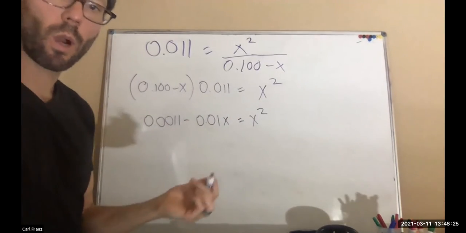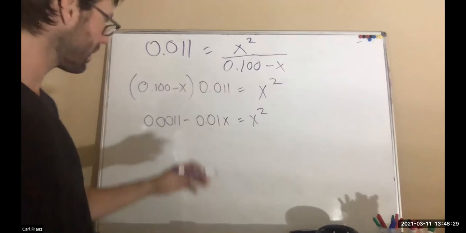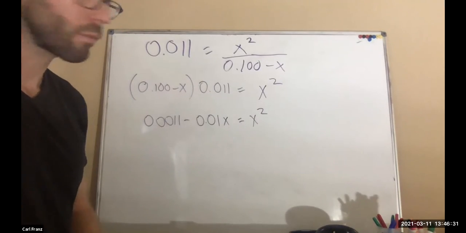Remember, to get it to the quadratic equation, we got to get everything over on the other side and set it equal to 0.